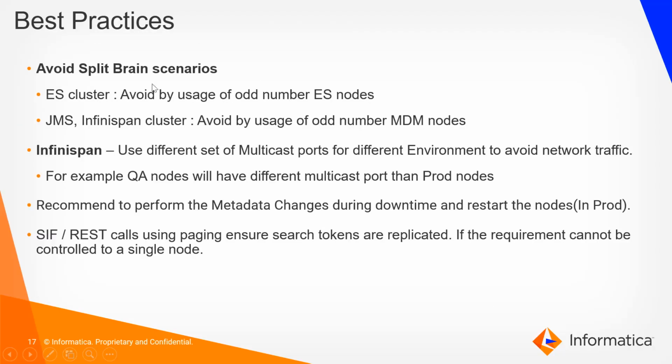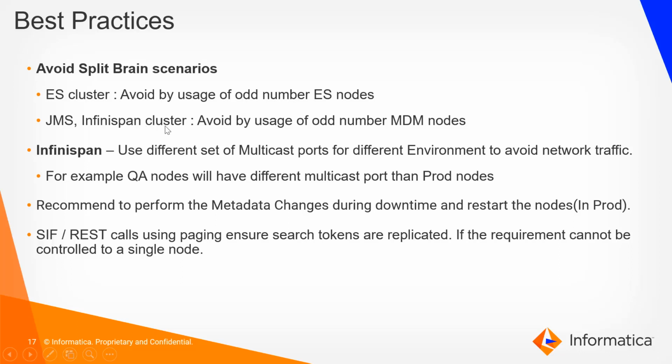Yeah. So now coming to the best practices, the first thing is you need to make sure to avoid split brain scenarios in different situations, like for an ES cluster, right? So you have to avoid it by the usage of an odd number of ES nodes. Why? Because if it leads to split brain scenarios, you have a chance of corruptions happening, index corruption happening.